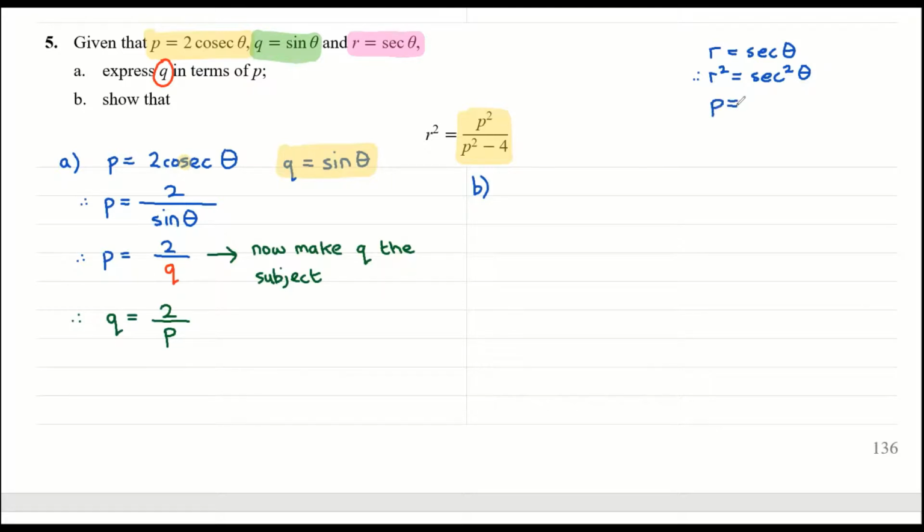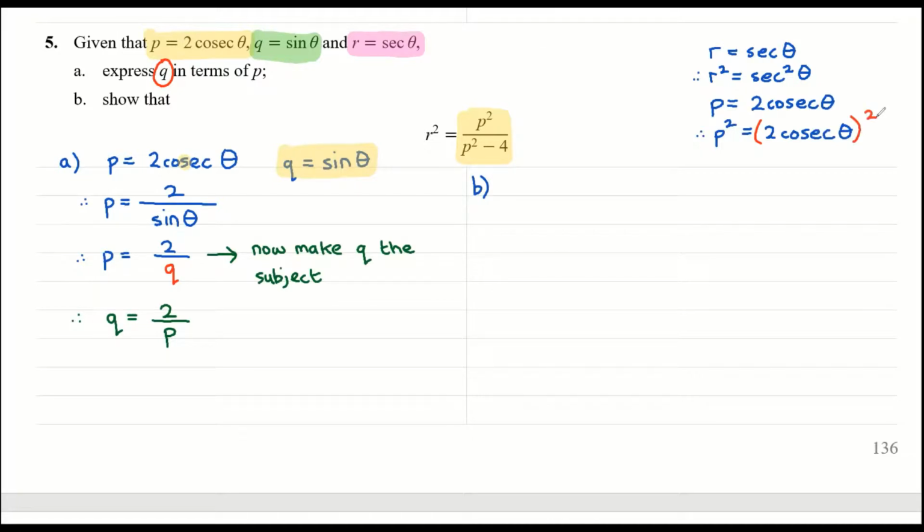P is equal to 2 cosec theta. So therefore p squared would be the square of that. Now if we square p, we've got to square the whole thing. Now I'm just going to put this in 2 steps to make this absolutely clear and we don't make a mistake. So it's 2 cosec theta all squared.